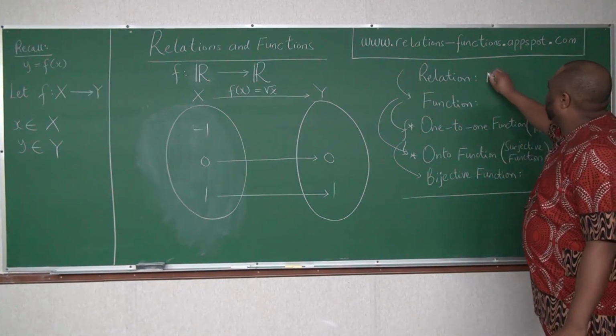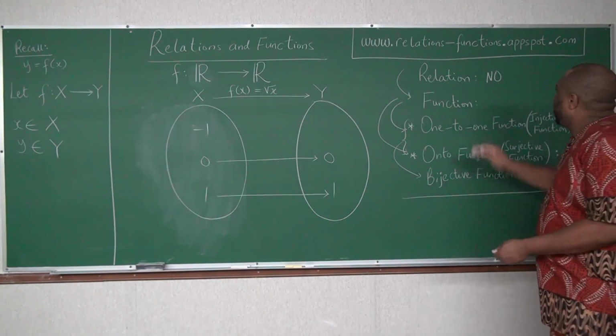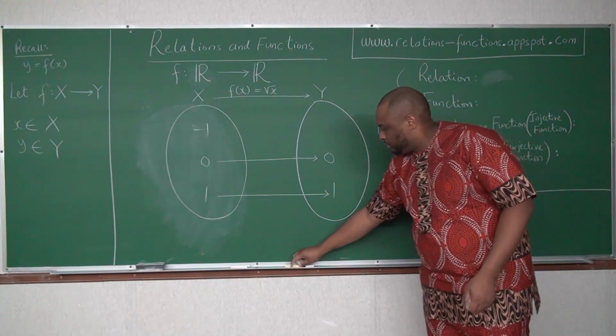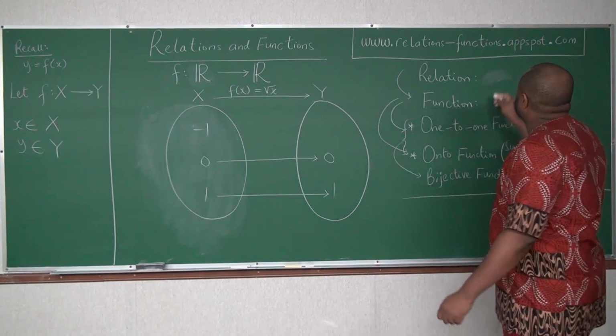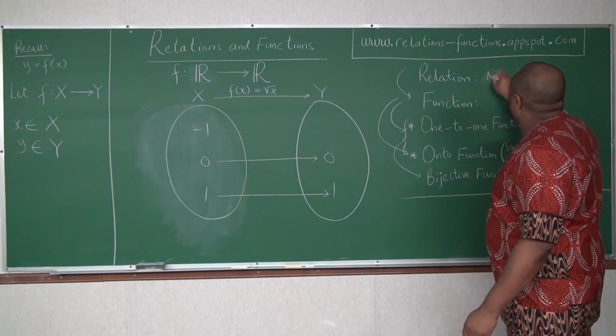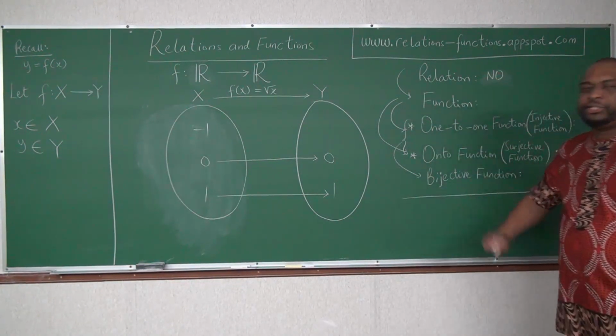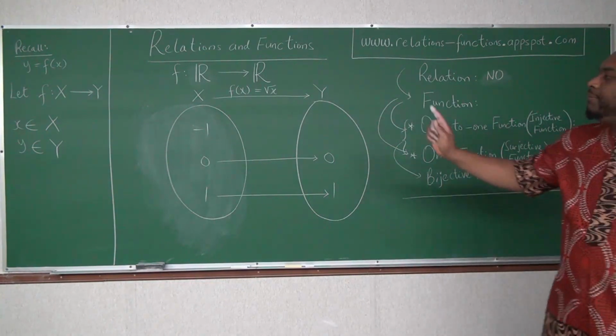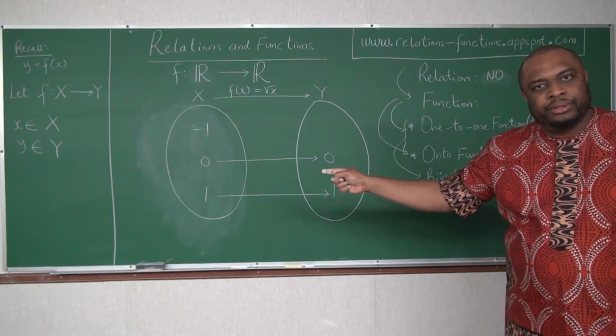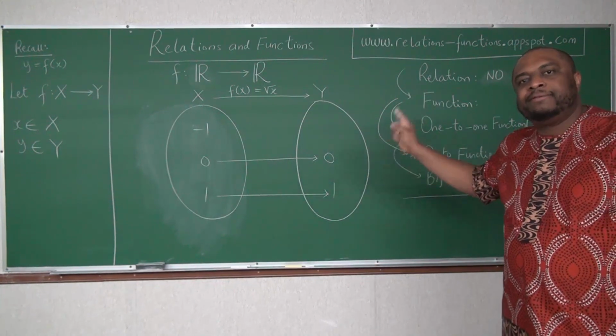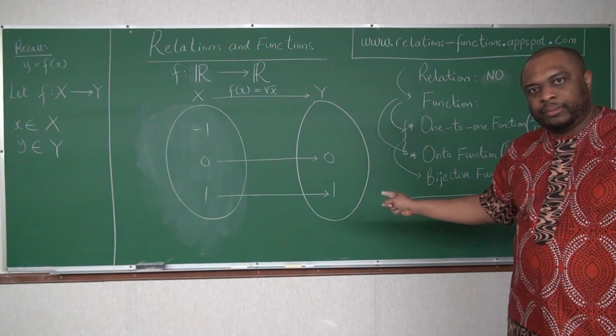So because of this, let me use the yellow chalk to write this. Is this a relation? No. This is not a relation, because you have an input that does not have an output.